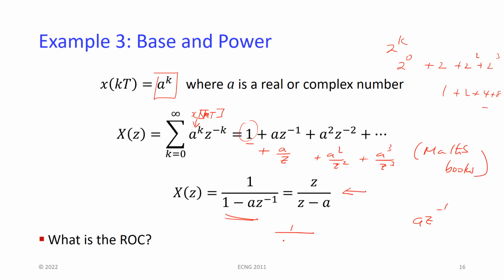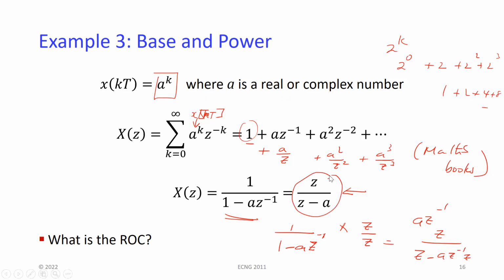If I take this 1 over 1 minus a z to the minus 1, and multiply this by z over z, which is 1, what I would get is z over z minus a, which is this answer here.